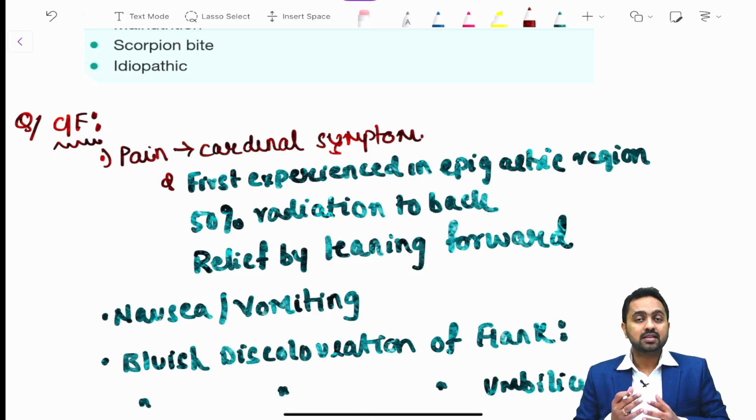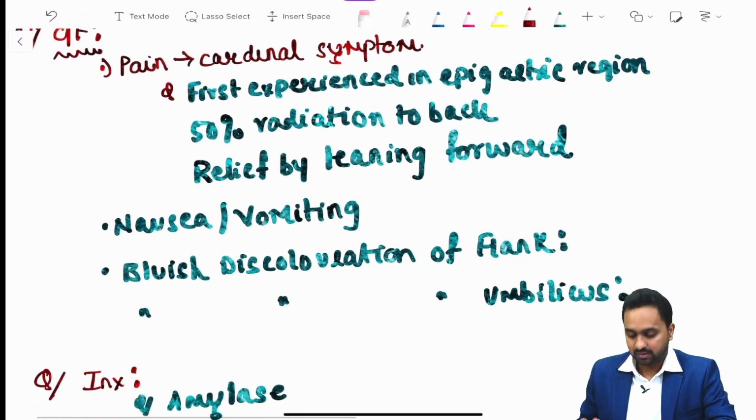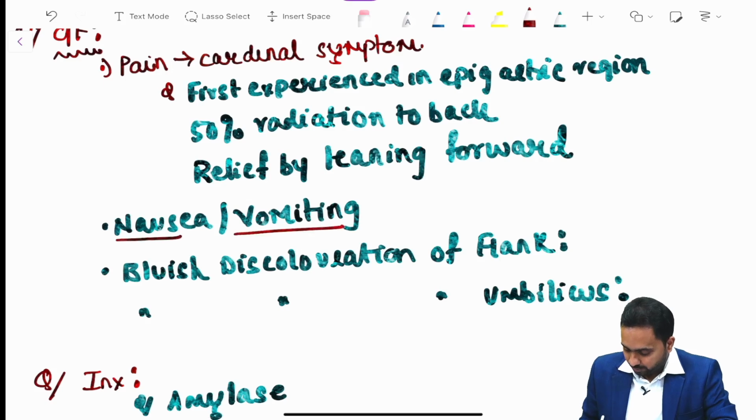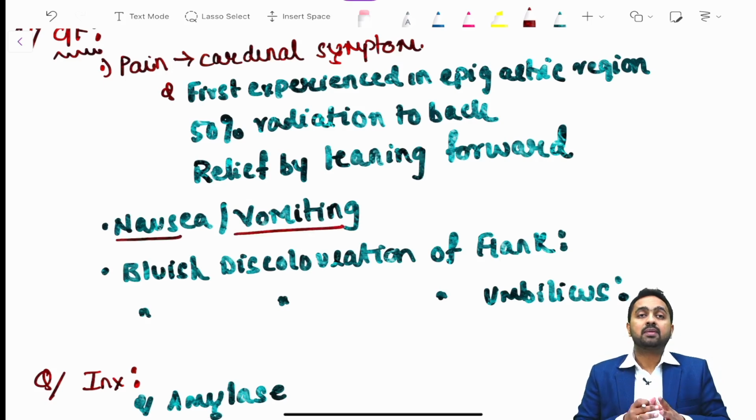So, when you see a patient in your emergency setup who complains of epigastric pain and gives a classical history that the pain is relieved on stooping forward, it gives a hint towards acute pancreatitis. Then it may be associated with nausea, vomiting, and obviously with pancreatitis there would be other features of clinical shock that might be presenting, and on examination there might be tenderness or rigidity in the epigastric region, right.